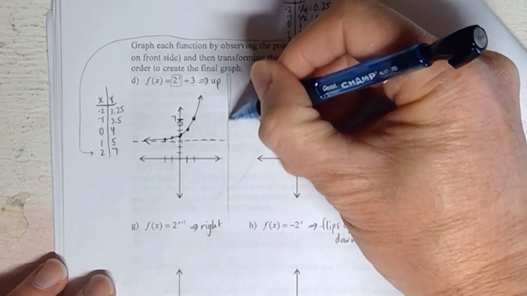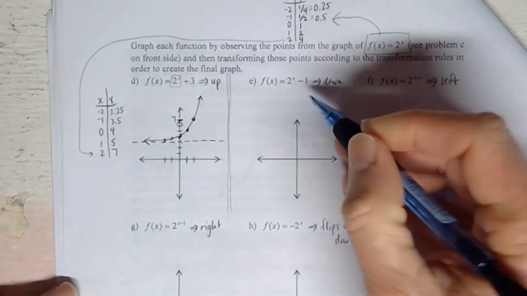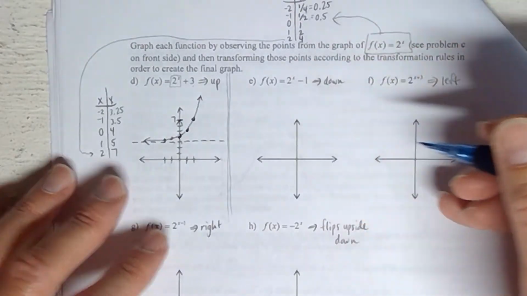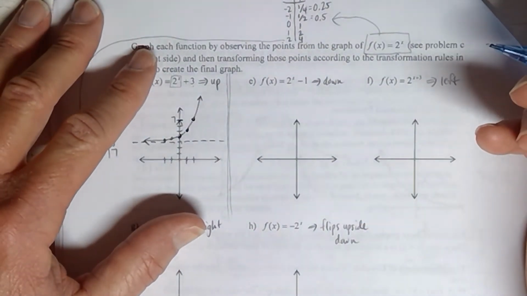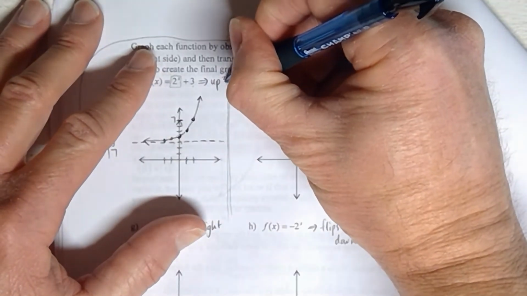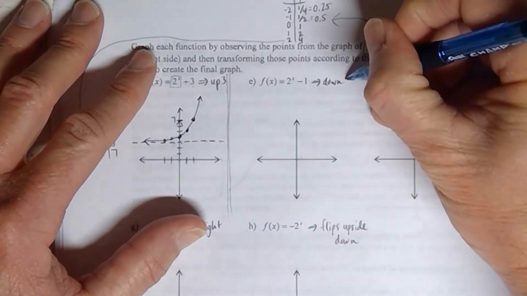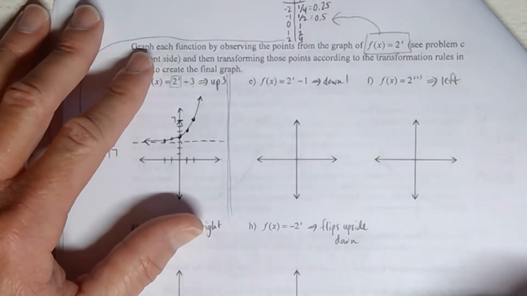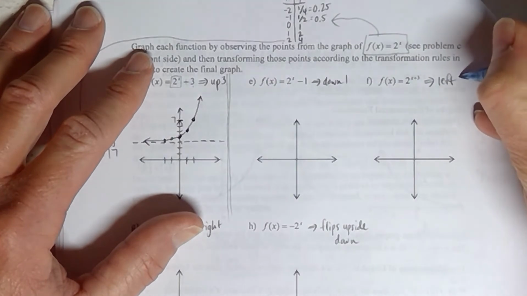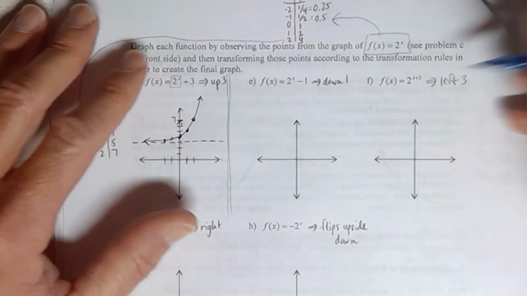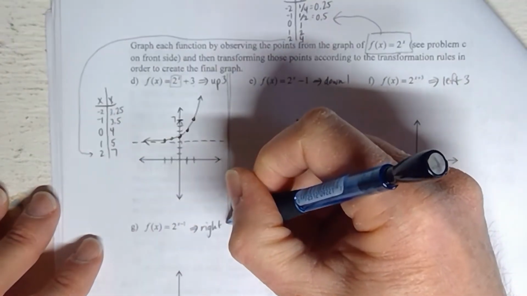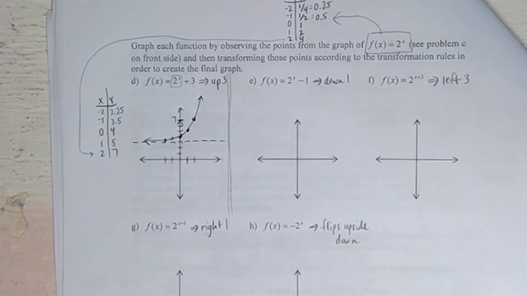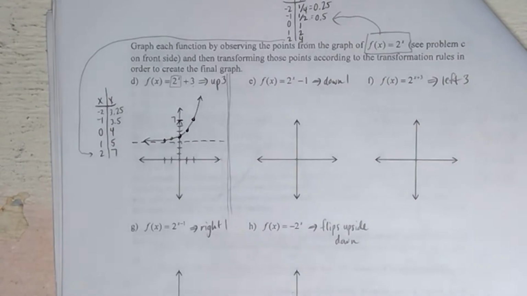And it's only going to go down by 1, because it's -1, not -3. So this one went up 3. This one's going to go down 1. This one's going to go left 3 because it's x plus 3. This one's going to go right 1 because it's x minus 1. And then I'll get to that flip upside down thing coming up after that.